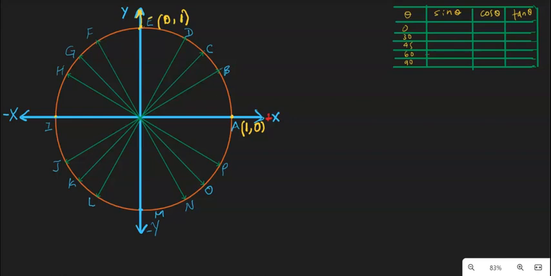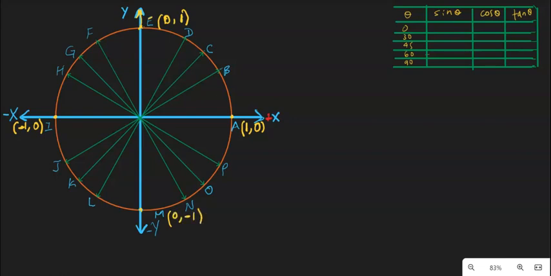If we take point I, here it's a negative x-axis, and this is negative 1, and y value is 0. Similarly, point M is on negative y-axis, that means x is 0 and y is negative 1.